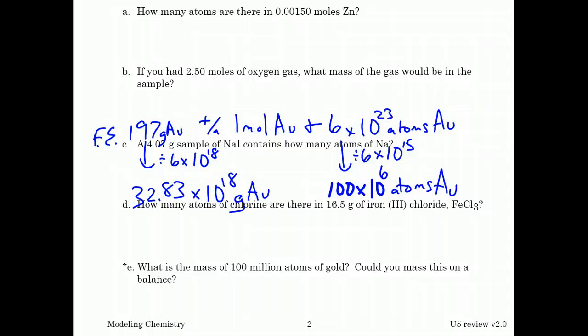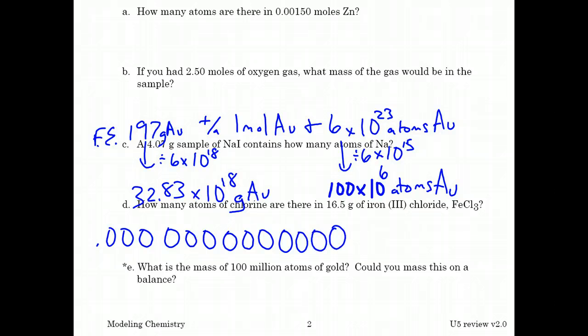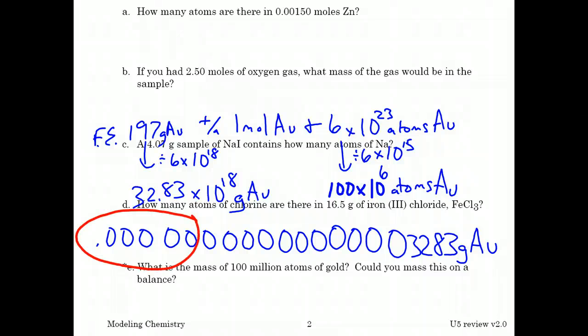So I would have a very small number. We would need a scale that measured all the way out to the 16th place. And so our scales, even the best ones in our room, measure out to about this place. So we don't have any scales that could actually measure out 100 million grams of gold. Okay, I hope that helps with that page.